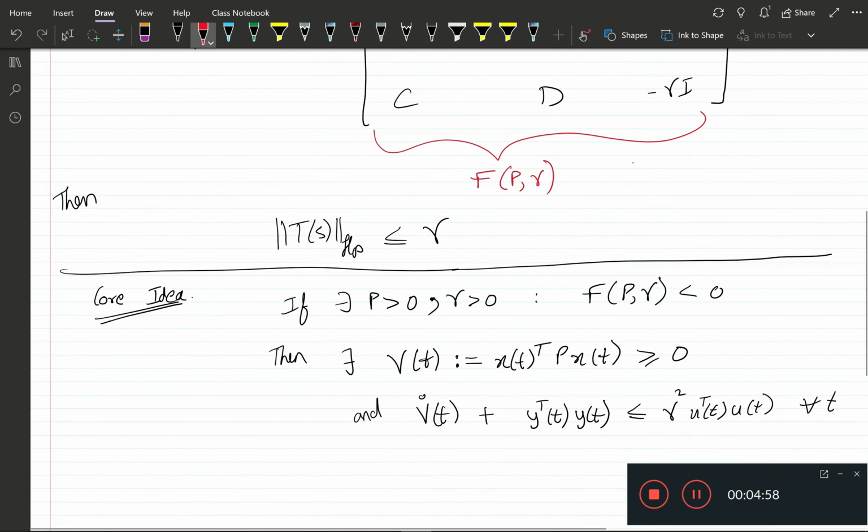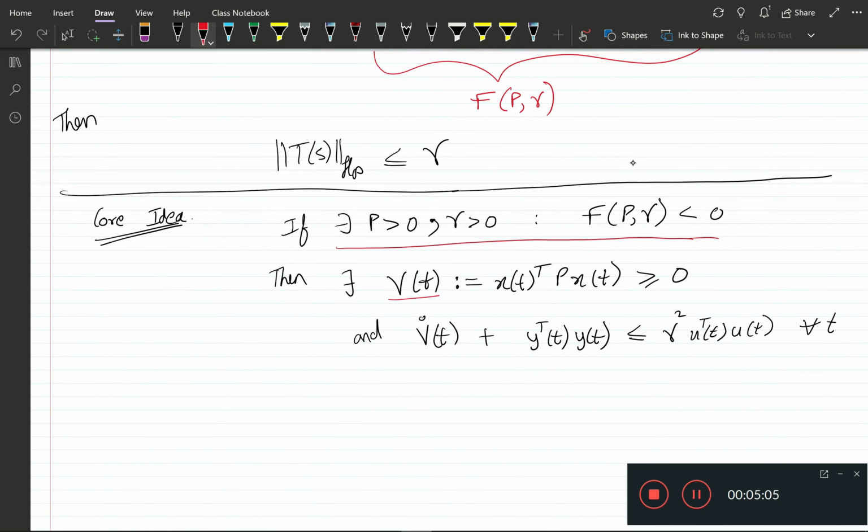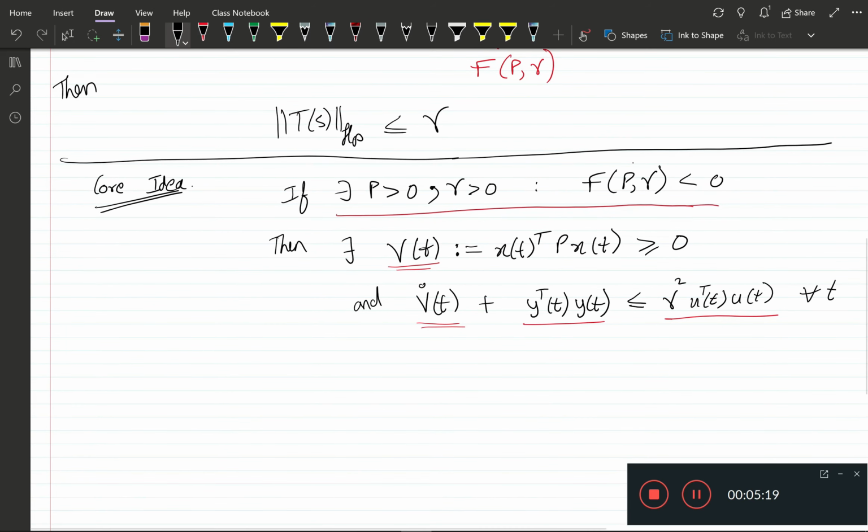So this LMI ensures that there exists a function V of t such that its derivative plus y transpose y is less than or equal to gamma squared times u transpose u, and then we just need to integrate both sides to obtain: y transpose y is just the norm of y squared, plus V at infinity minus V at 0 is less than gamma squared times the norm of u squared.